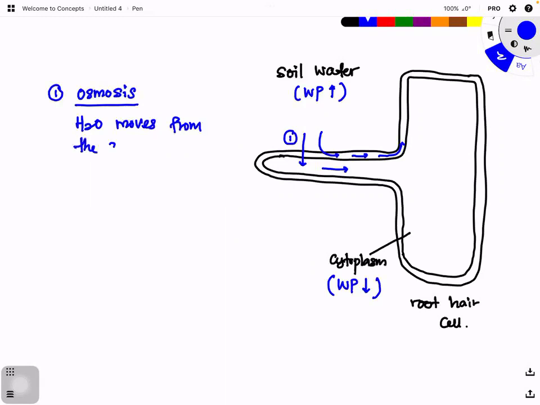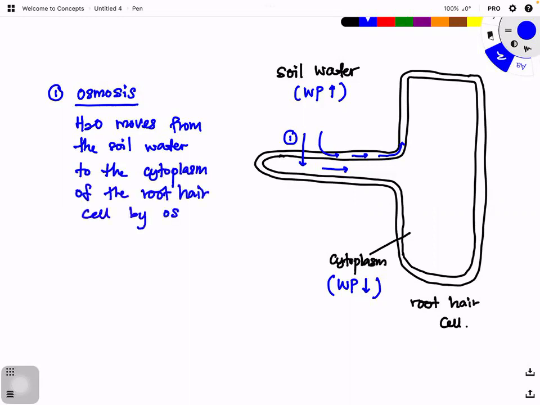From the soil water, from the soil water, okay, to the cytoplasm of the root hair cells by osmosis down the water potential gradient. Are you clear?